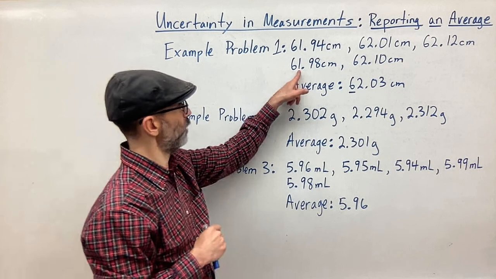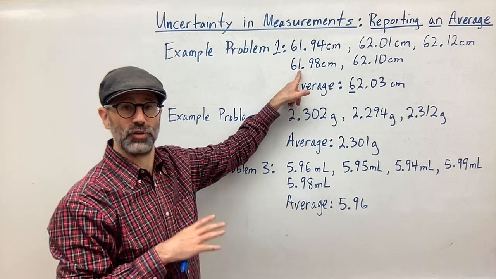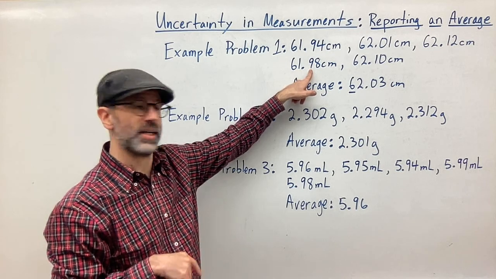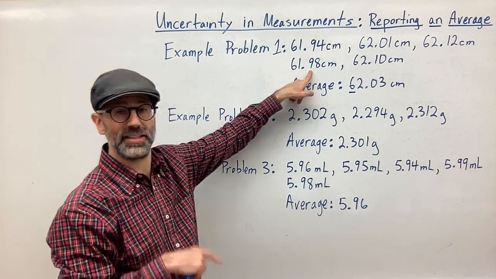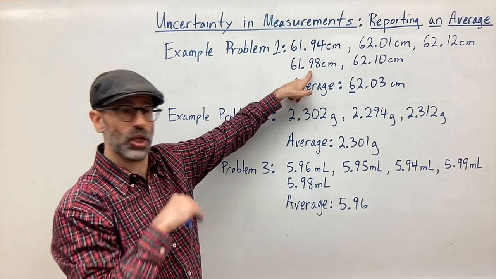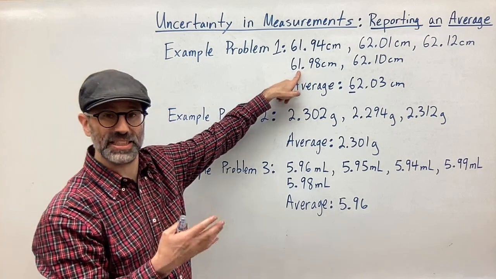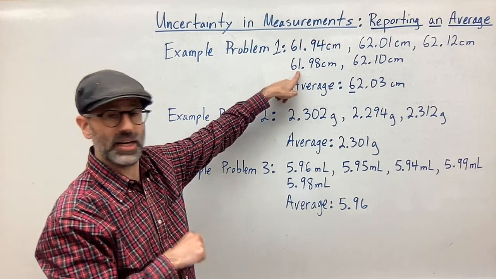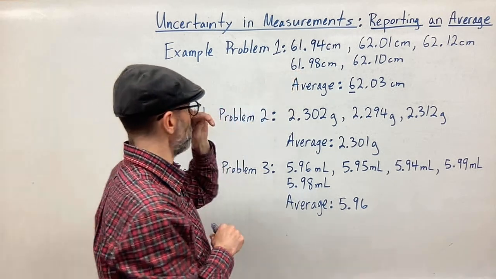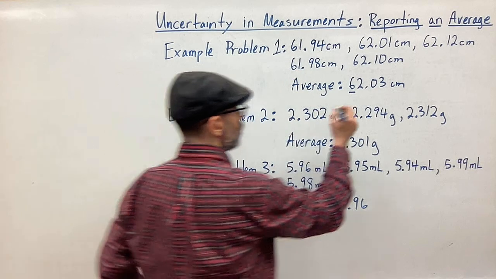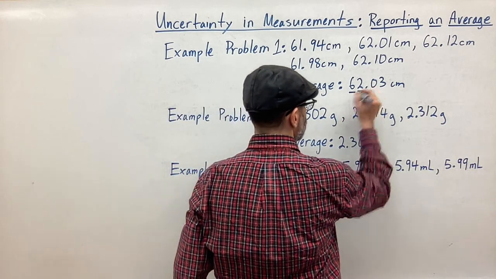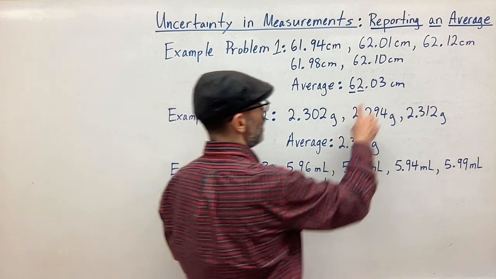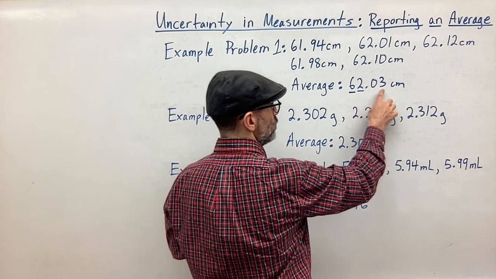So don't let the fluctuation in the ones place fool you, because that's only because you have fluctuation in the tenths place, and it's really close to the edge of 62. So that's not uncertain, right? So this 2 here we will keep. And so here we have two uncertain digits.